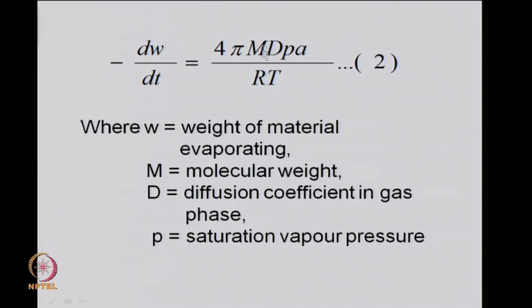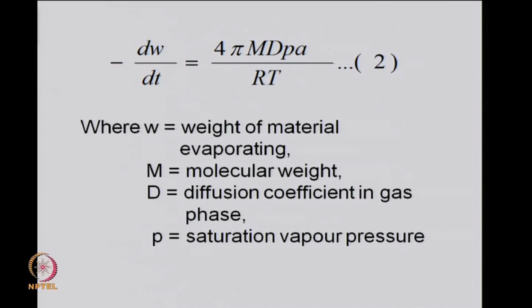So you have those elements of what we thought: the diffusion coefficient constituting part of the rate constant and p by RT constituting the concentration driving force. Far away from the surface of the drop, the partial pressure of the vapor would be presumed as 0. You could derive this yourself from the basic diffusional considerations.